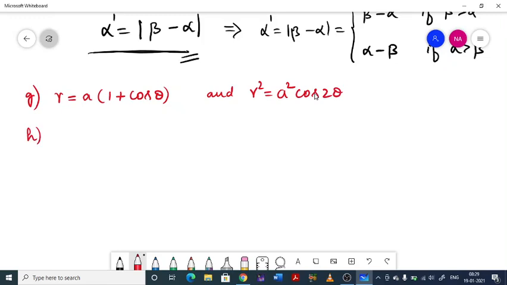H: r equal to a theta divided by 1 plus theta and r equal to a divided by 1 plus theta square.